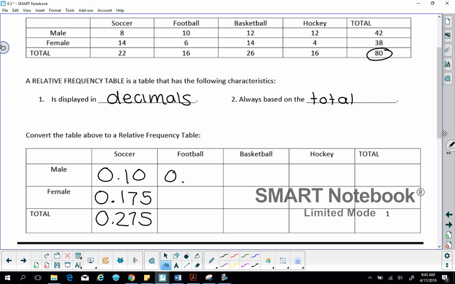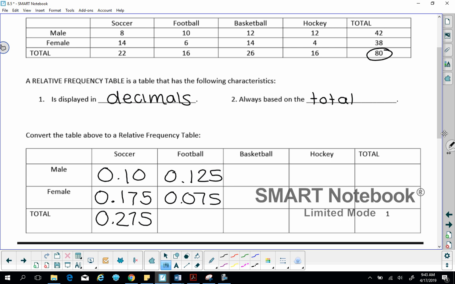Nope. Jasmine, what did you get for this one? Yep. Betsy, what did you get for the next one? You didn't do it yet. David, what did you get for this one right here? You didn't do it yet. Mara, what did you get? 0.075. Good. Everyone understands what they're doing.